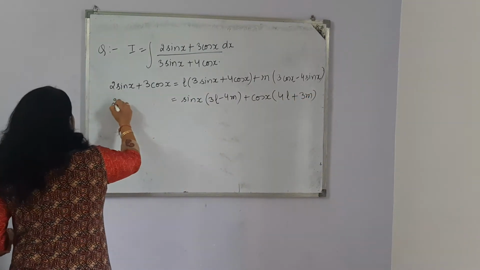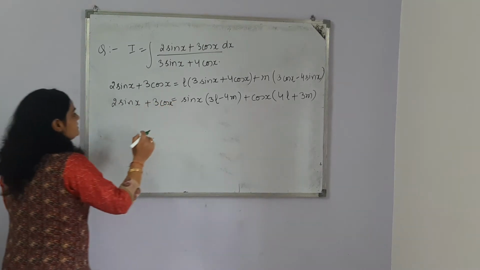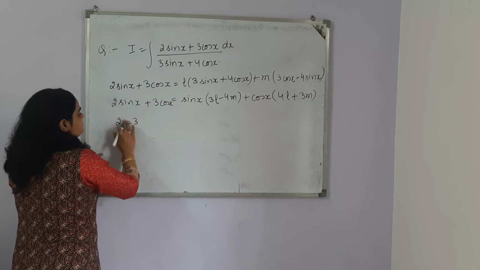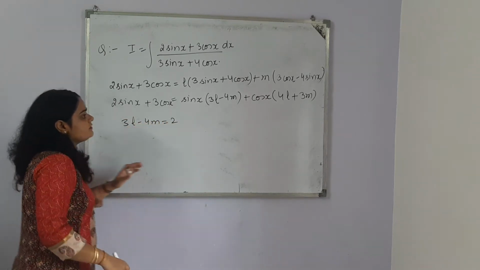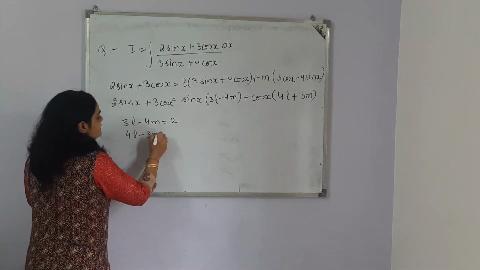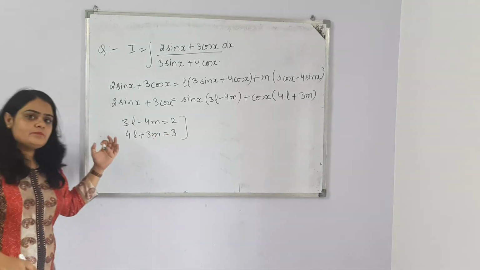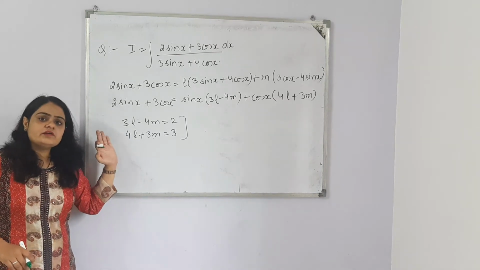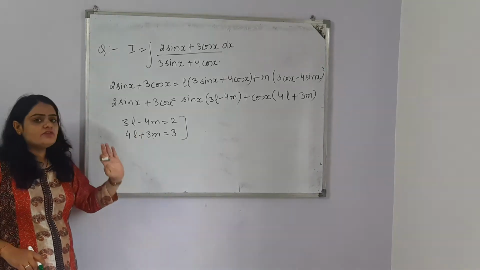Now we are going to compare the coefficients of sin x and cos x. The coefficient of sin x here is 2, and here it is 3L minus 4m, so 3L minus 4m equals 2. The coefficient of cos x here is 3, and here it is 4L plus 3m, so 4L plus 3m equals 3. Now we can apply substitution or elimination, any method, and then you can find the values of L and m.